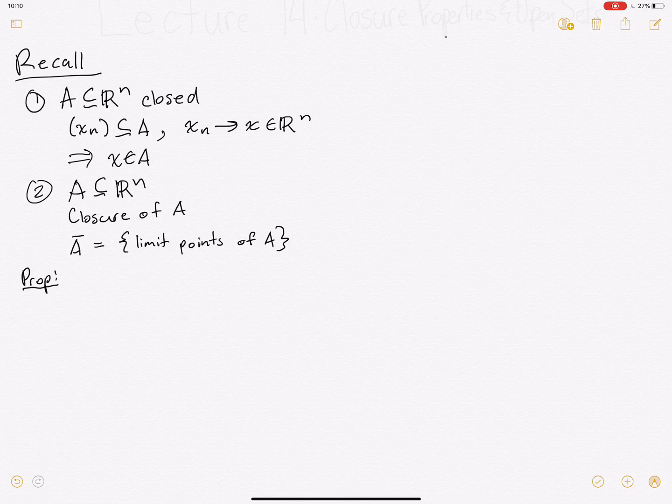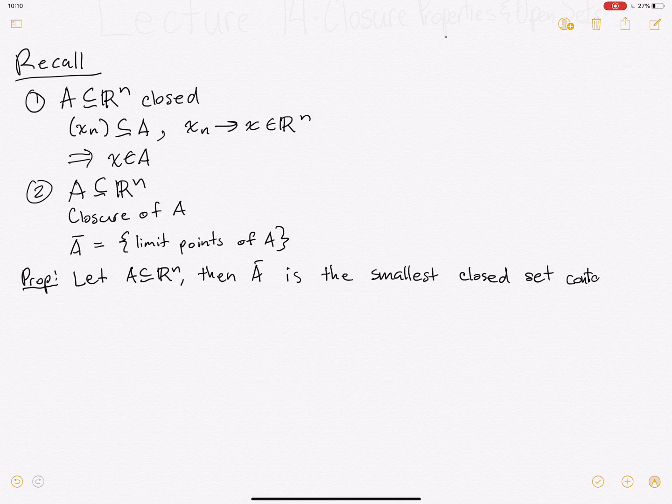So let's look at properties of closures. One proposition: let A be a subset of Rn, then A bar, the closure, is the smallest closed set containing A. In particular, if you take the closure of a closed set, then it's just equal to the closure itself.